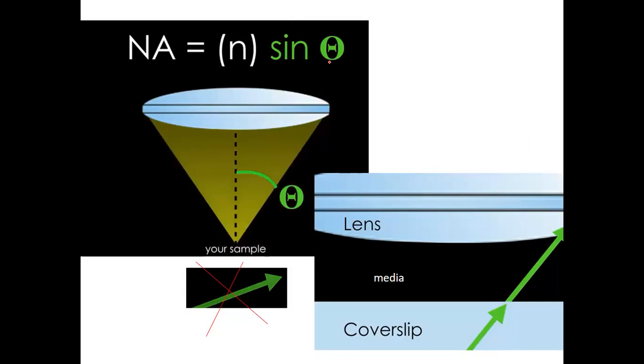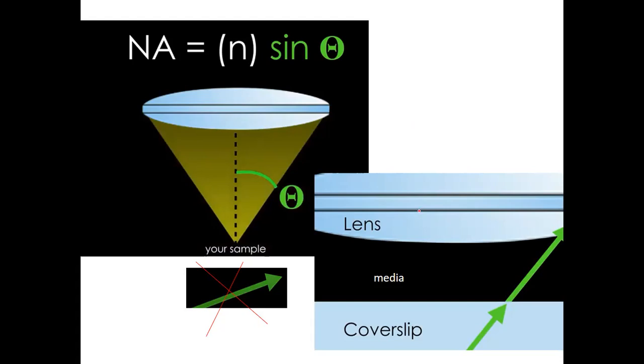What do you mean by this maximum angle of acceptance? If you think about the light coming from your sample, theta is the maximum angle of light that the objective lens can collect. And n is the refractive index of the medium between your specimen and the lens.